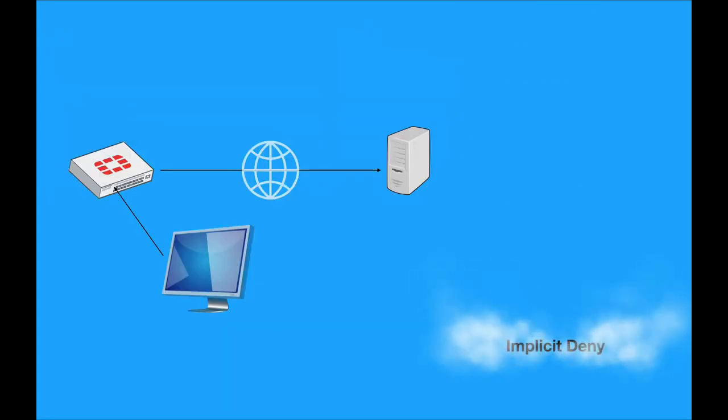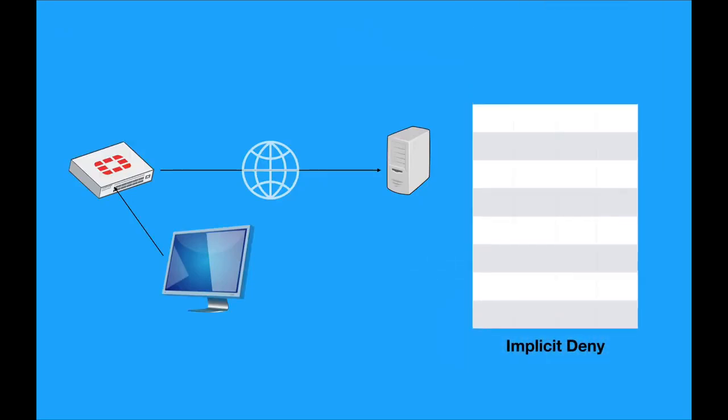In every rule, there's always the implicit deny rule that sits beneath every other rule. That is, if your firewall doesn't find any match in the traffic, then the traffic goes to the implicit deny rule and it is being dropped.